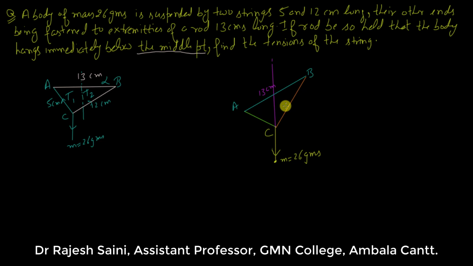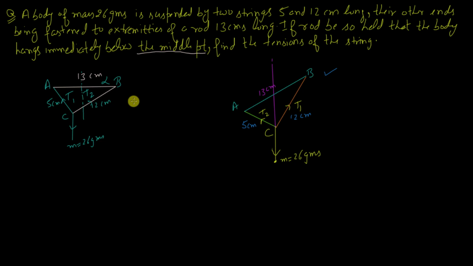There will be tensions, say T1 and T2. This string is the smaller one, so this is 5 centimeter long and this is 12 centimeter long. Now this figure is correct because the orientation of AB is in tilted position, and not in horizontal position. So the earlier figure is wrong.